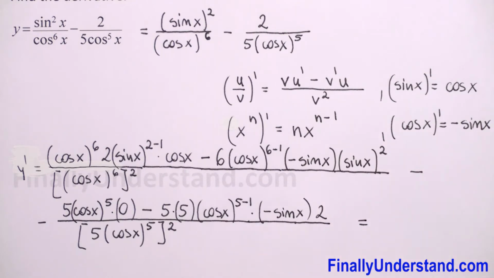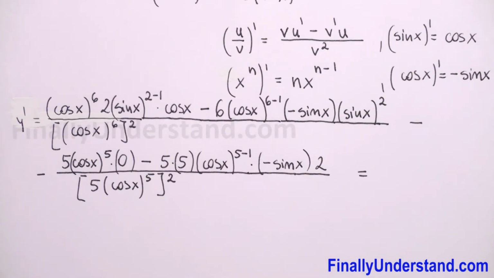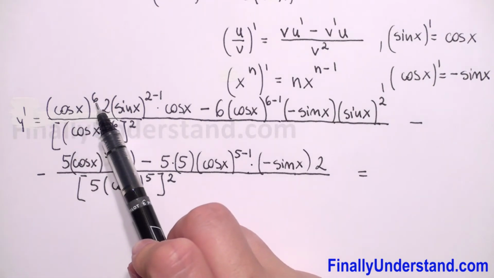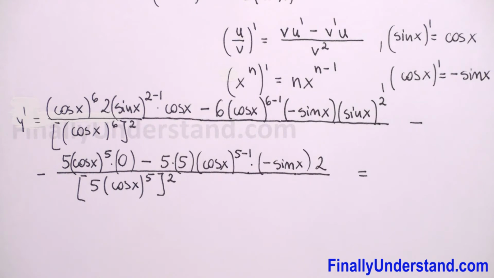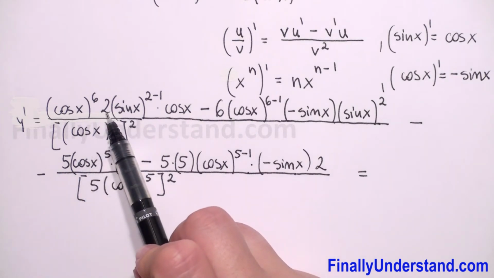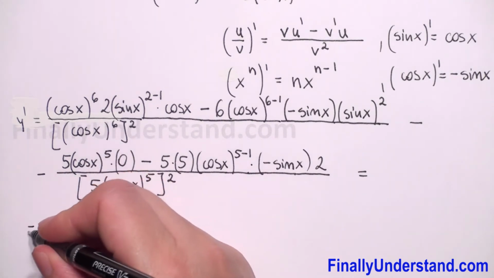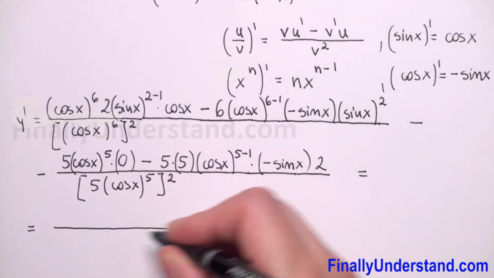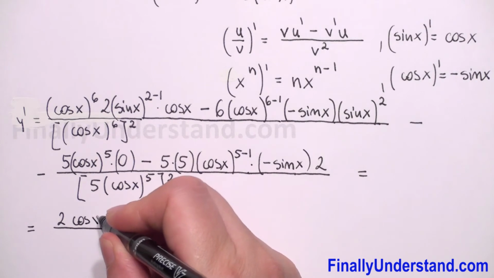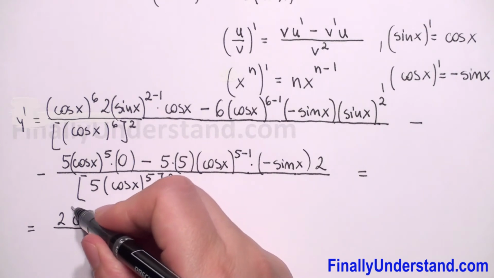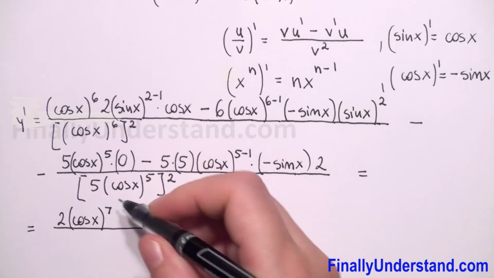This is equal. Now we will organize our derivative. We have cosine to power 6 times cosine, so it will be cosine to power 7. And we have constant 2. So first I will copy the 2 times cosine of x to power 7.